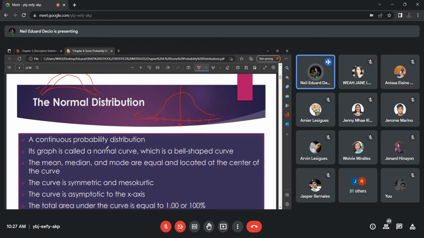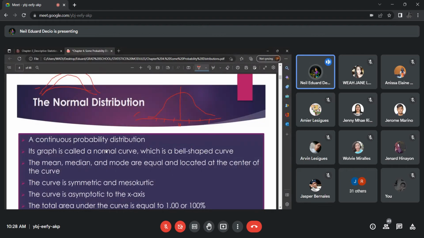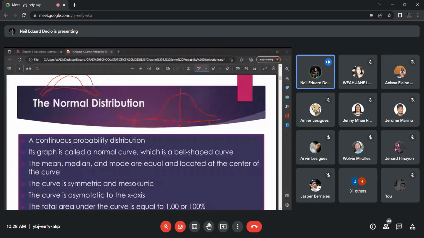And then the curve naman is asymptotic to x-axis. What does this mean? When we say asymptotic, parang this is getting closer and closer to x-axis, ito yung x-axis natin. Getting closer and closer to that, but not reaching. Pinagtagpo pero di tinadhana.